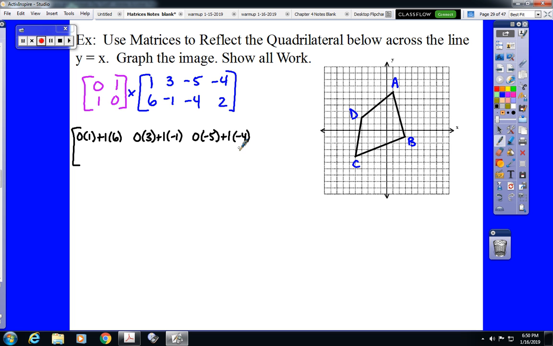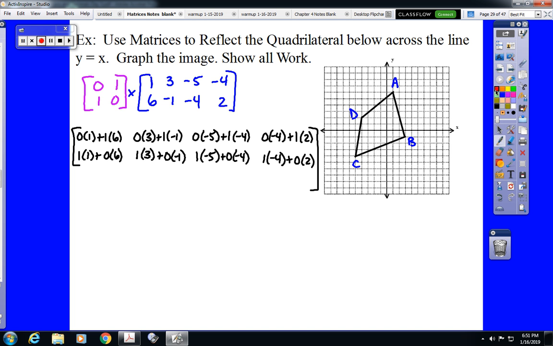And row 1 times column 4, 0 times -4 plus 1 times 2. Then we repeat those steps with the second row. Row 2 times column 1, 1 times 1 plus 0 times 6. Row 2 times column 2. Row 2 times column 3. And row 2 times column 4.